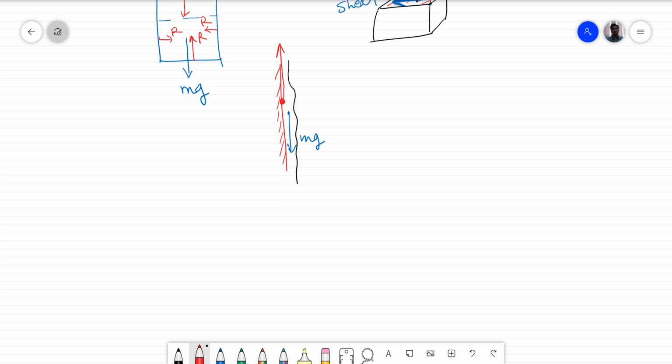Let's call it the friction force, F. So you can see that there is shear.